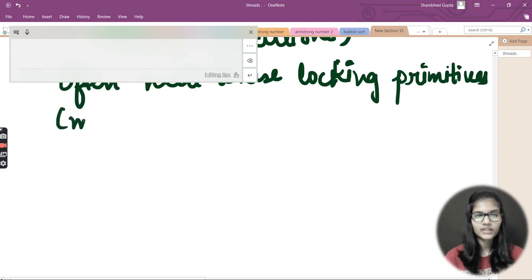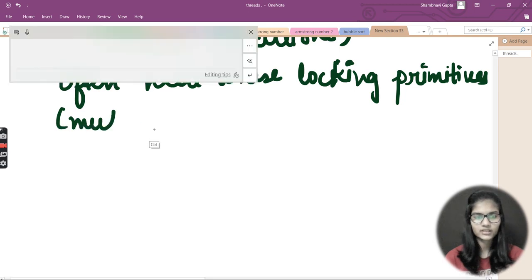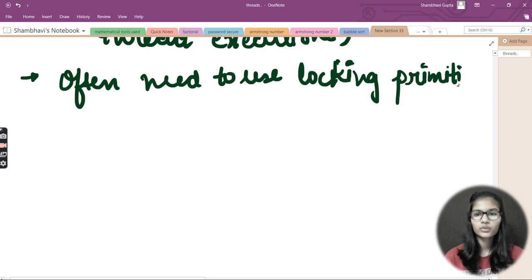In the bracket I will add mutual exclusion locks, but let's not add that for now. So these are the three things which come under synchronization, and they create a problem while using threads, right?